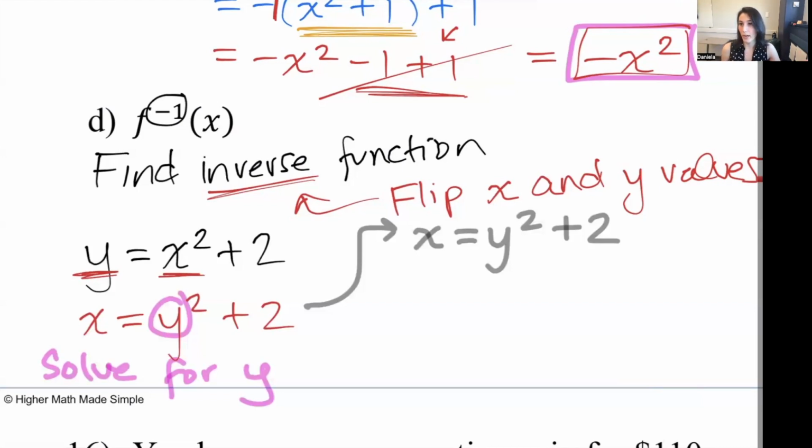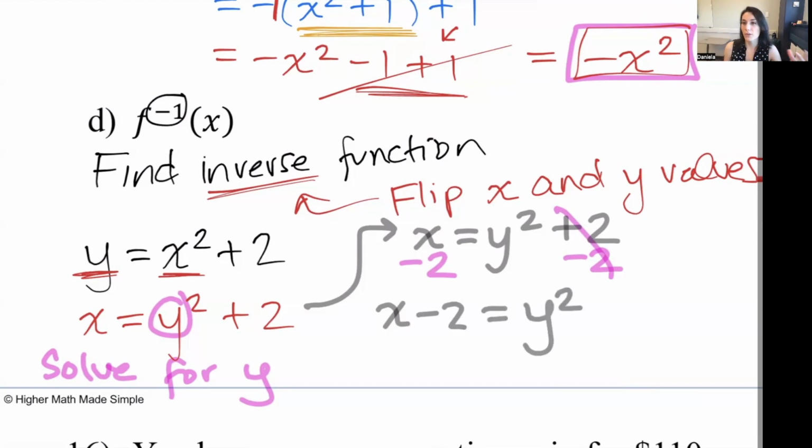Well, it's being squared, and then it's also being added to 2. So first you have to take care of the addition and subtraction. It's being added by 2, so we want to subtract 2 on both sides. So that says x - 2, those are not like terms. We're going to just leave that as x - 2 = y².